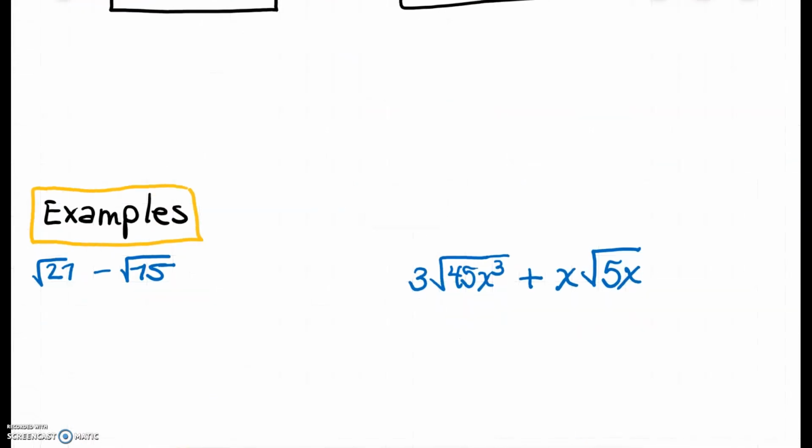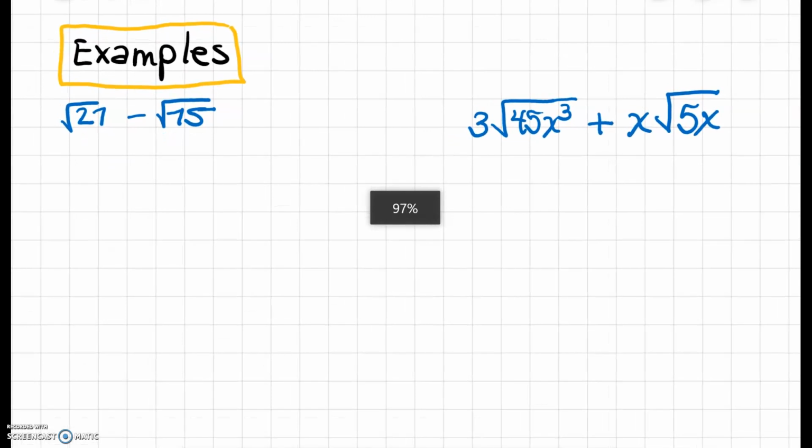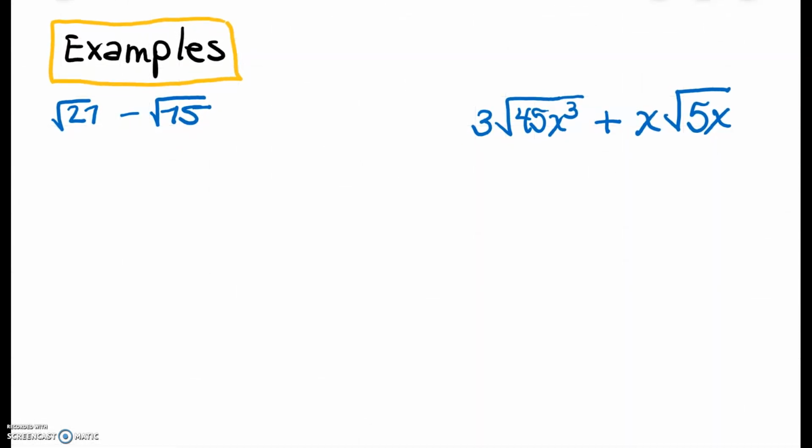Let's move on to a couple of problems that are a little bit more difficult. In this example, you can see that we have what appears to be two unlike radicals, but if you really take a close look, you'll notice that these radicals can be reduced. So let's go ahead and reduce these radicals.